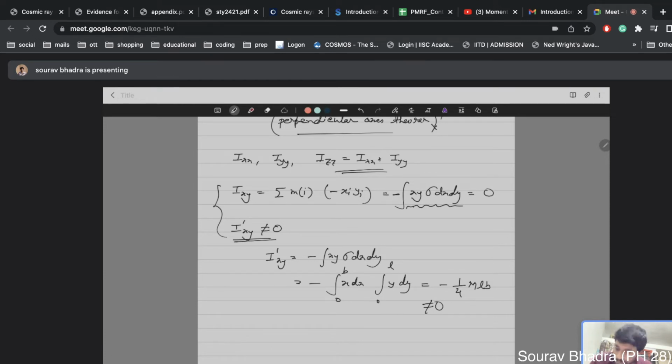But for this system, as all your z_i are 0, all the cross terms which have a contribution from the z coordinate, like Ixz, Iyz, will be 0, whether you choose your center of the system at the midpoint of the sheet or the corner of the sheet. That doesn't matter, because z is 0, that means your product will be 0.